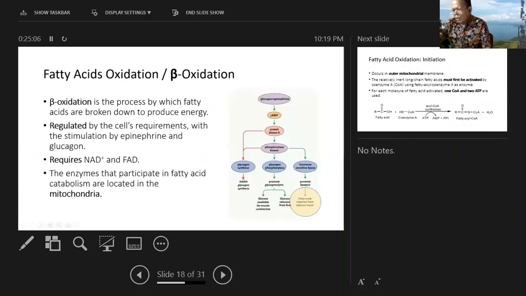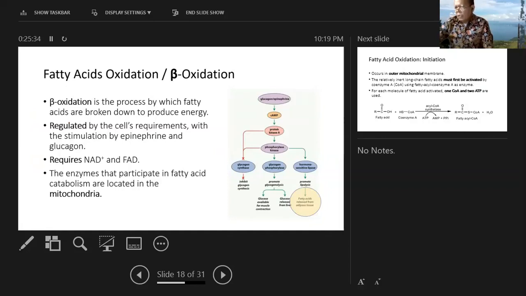So let's move to fatty acid oxidation, or beta oxidation. Beta oxidation is the process by which fatty acids are broken down to produce energy. It is regulated by the cell's requirements, with stimulation by epinephrine and glucagon. In this case, it requires NAD plus and FAD.